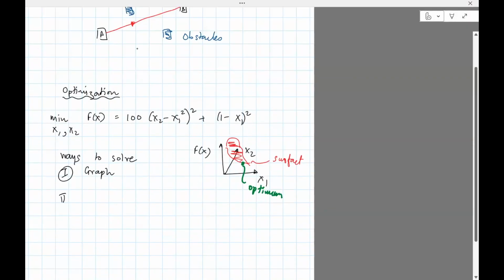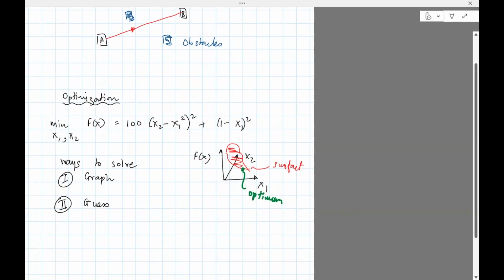Okay, another method of solving such a problem is to just guess. You may ask, how do you go about guessing the solution for this one? Well, we see that f of x is a function which has two square terms. So this function is always positive.